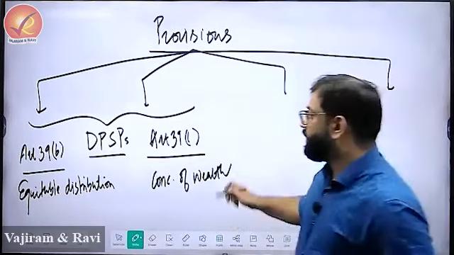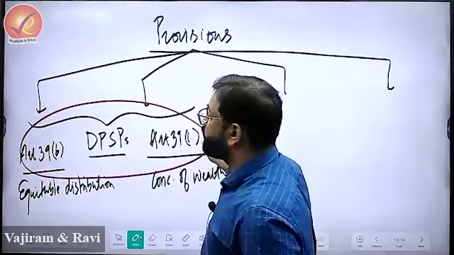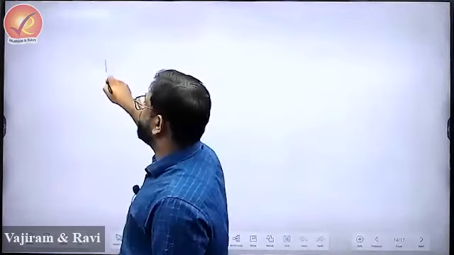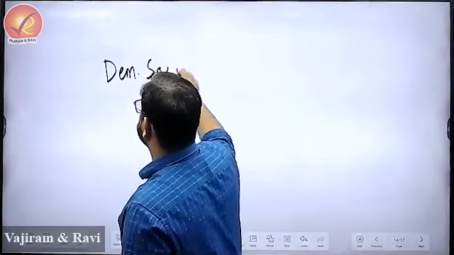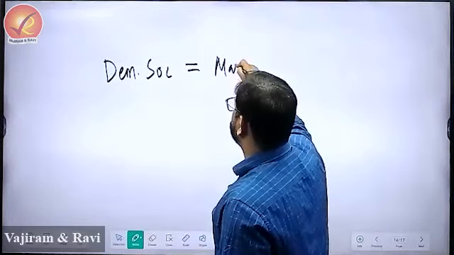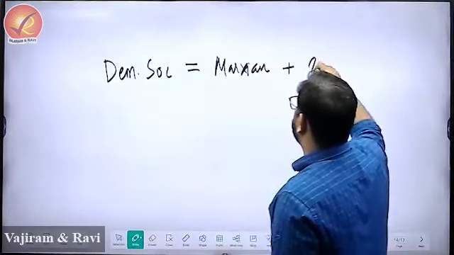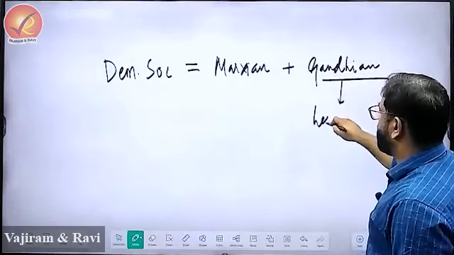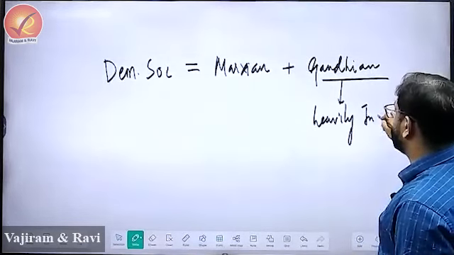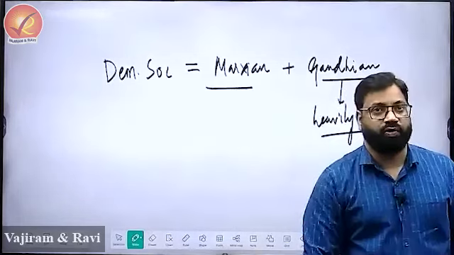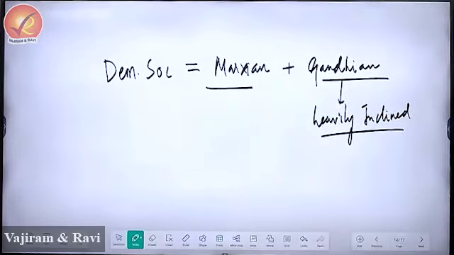Which means that democratic socialism includes Marxian socialism. So you should understand that democratic socialism includes Marxian socialism as well as Gandhian socialism. It is heavily inclined towards Gandhian socialism, but definitely there are provisions of even Marxian socialism also inside democratic socialism.